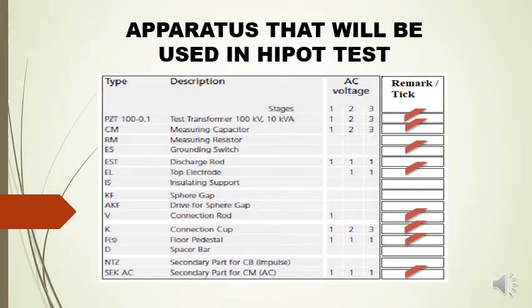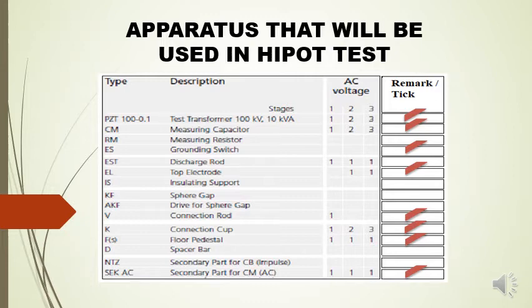Okay, for section 1, we need to identify the correct apparatus for the HIPOT test. Firstly, we need the test transformer. Then we must have the measuring capacitor as our voltage divider.